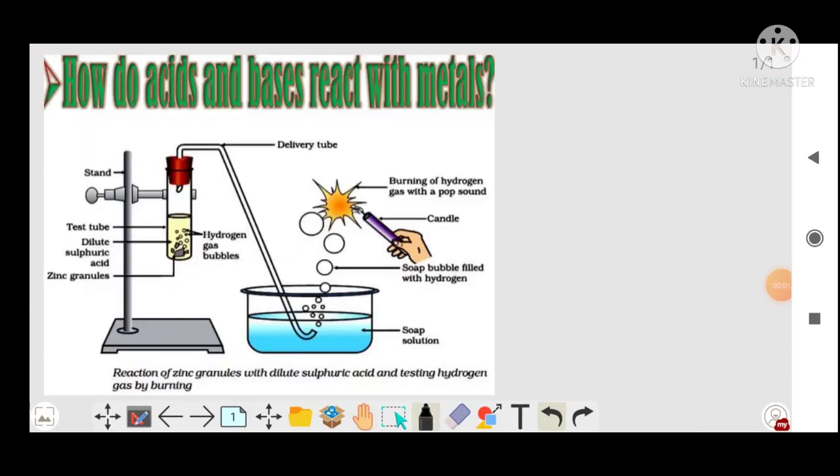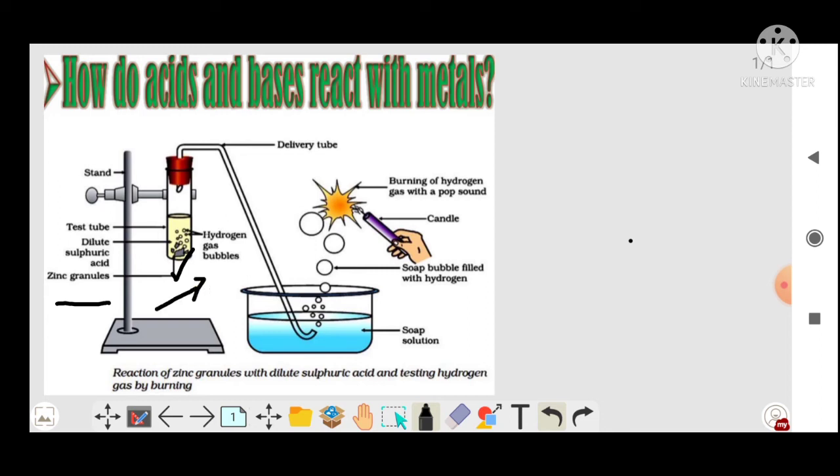Now one laboratory test: how do acids and bases react with metals? At first you should take a test tube. Then take some zinc granules within the test tube and then 5 ml of dilute sulfuric acid is added.